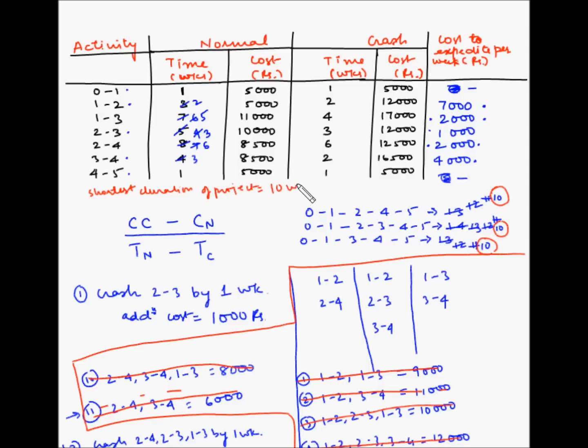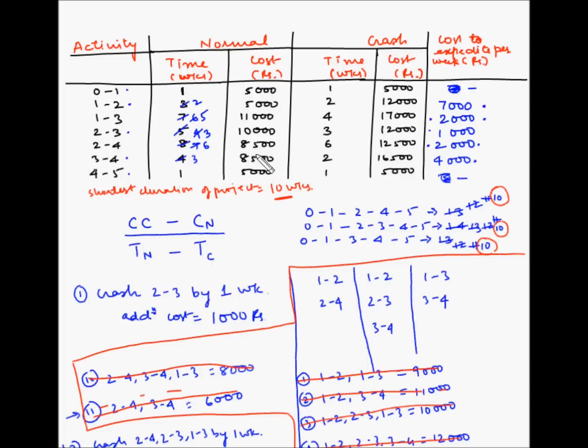is 10 weeks. Now we have to also find out the cost for that project for this duration. So the normal cost for the project, now we'll be performing each of these activities, so we have to add this cost to find out the normal cost. So let's add these up. So I'll start from this because these are a little odd, these are all in thousands, this has 500 also, so it's easier to add these first.